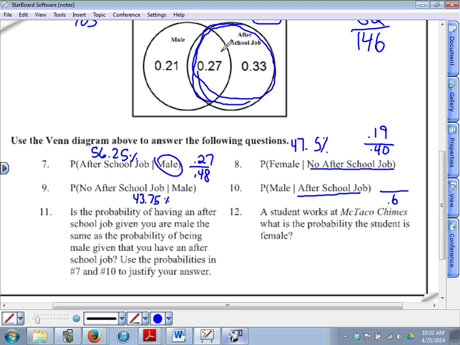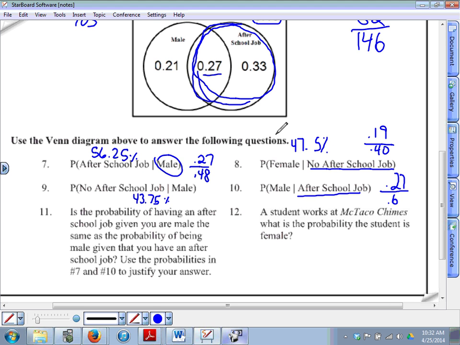So of these people that have an after-school job, how many of them are guys? This section right here. 0.27. Of the people that have an after-school job, 27% of them are males.